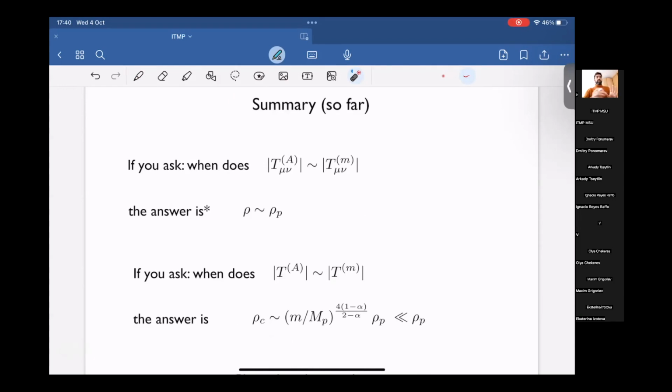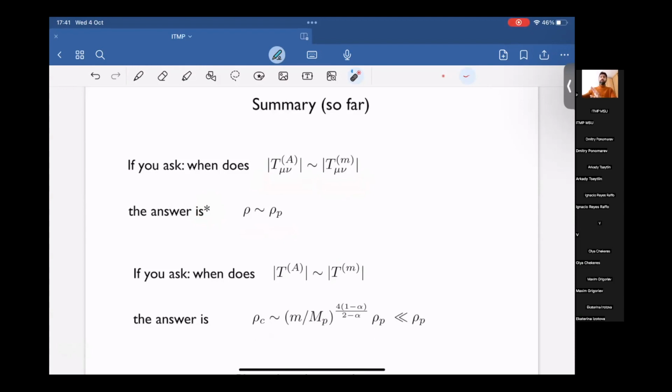So the summary so far is that if we ask the question, when do the individual components of the anomalous terms become the same order as the classical ones? In general, the answer is that this happens at the Planck scale. Of course, I put a star here because this is the most conservative point of view you could take.